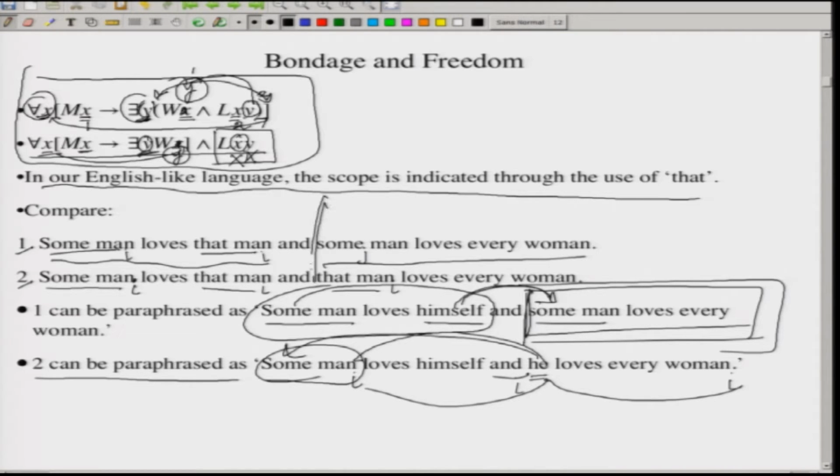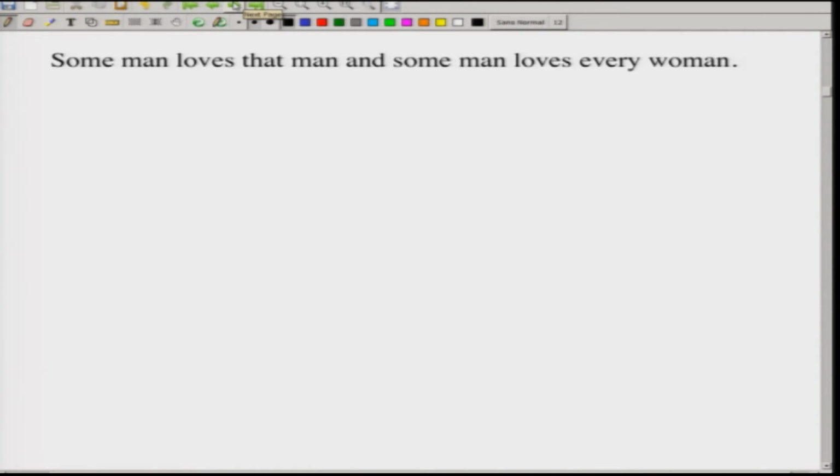We can understand that. Here the binding gets cut or disconnected, and in the second one, some man loves that man and that man, here the binding goes on. Now we can see that these two sentences have very different derivations, and this is a very important thing to understand.